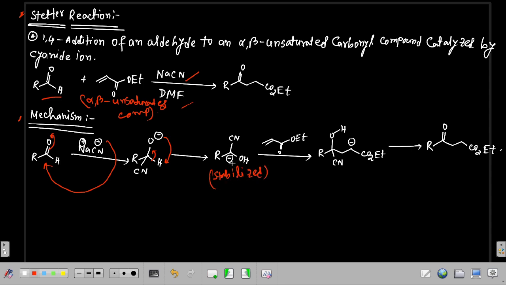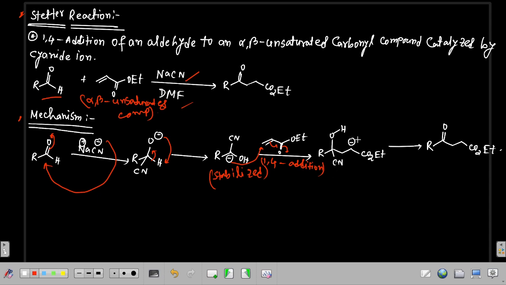After this, the stabilized carbanion will undergo 1,4 attack, that is Michael addition, to this alpha beta unsaturated carbonyl, and it leads to the formation of this CC bond.